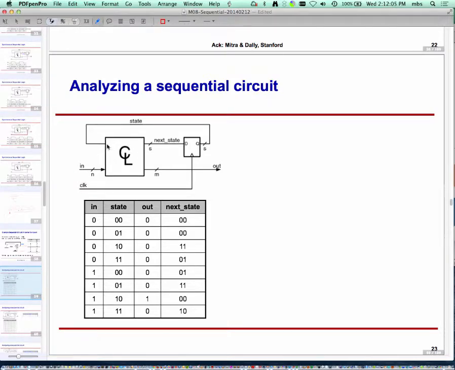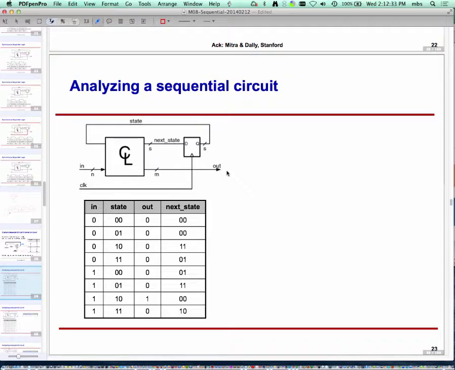It will take the current state, which is the output of all the flip-flops, and then it's going to produce the next state for the flip-flops, and it's also going to produce the output, which goes to the external world. So any digital system can be redrawn to look like this. Okay, in some cases, parts of this combinational logic function may be trivially simple, like we saw previously in the counter example, where the output was the same as current state.